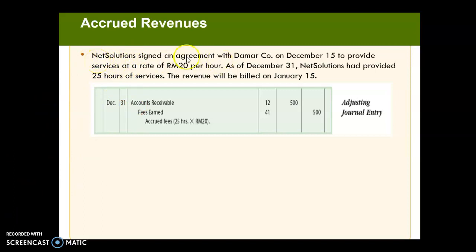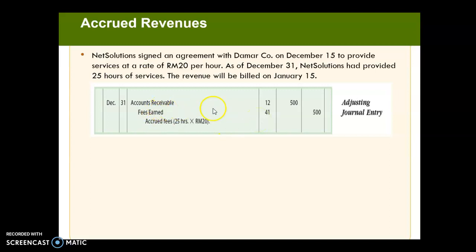We have to do some calculation: 25 hours times 20 ringgit per hour, and the total revenue is 500 ringgit.